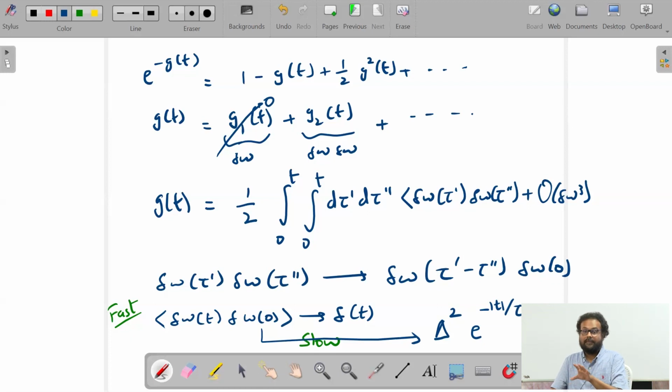This can be derived actually. It's a bit more detailed derivation, but it also physically makes sense to expect such a response.